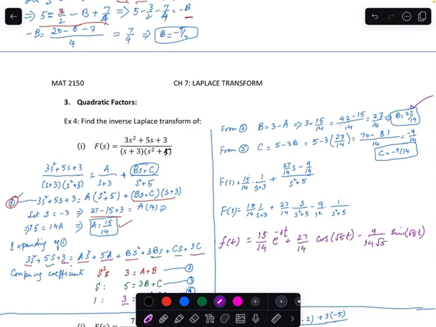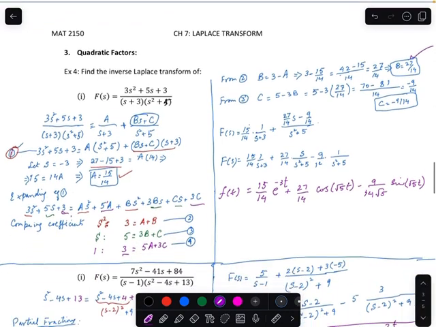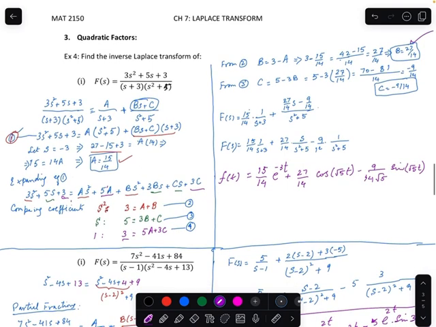Now using equation number 3 to find C, where we can use either number 3 or number 4. Both should give us the same answer. Once we found the values of A, B and C, we plug in and rewrite our transform.